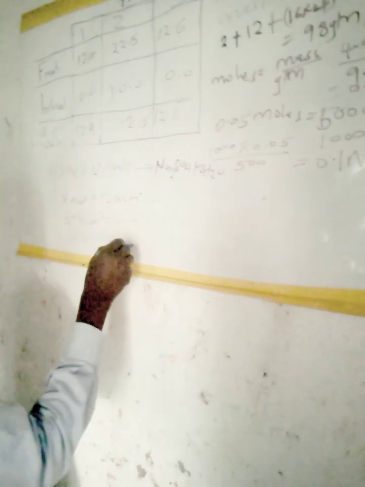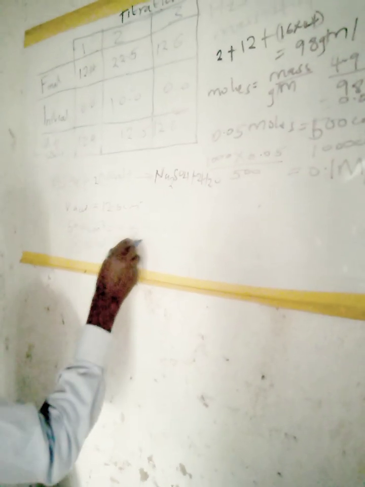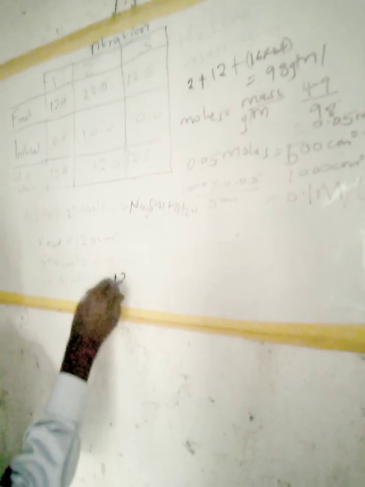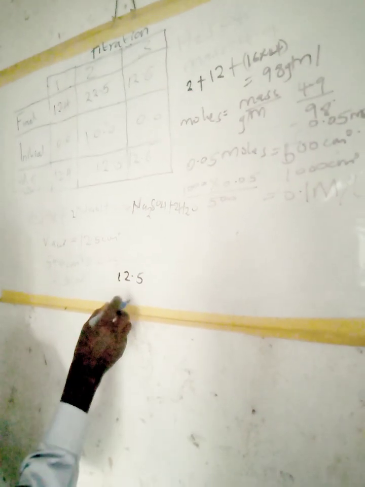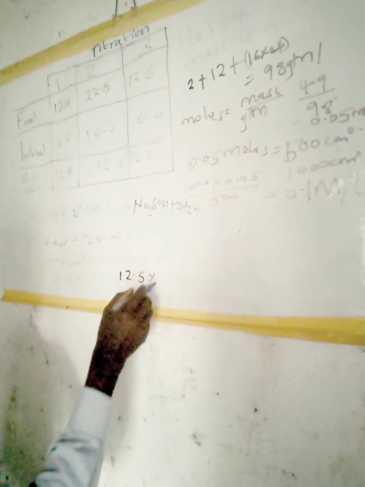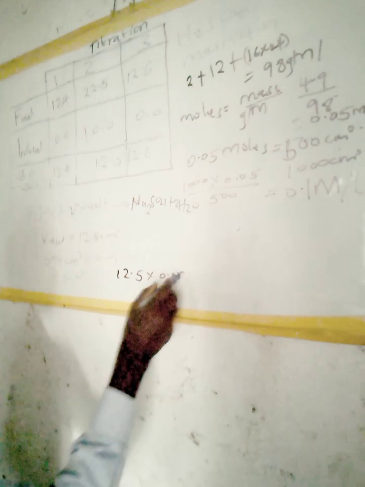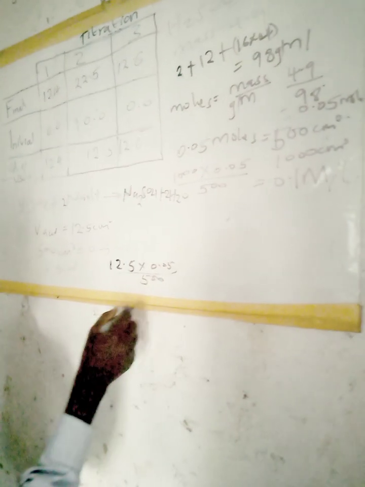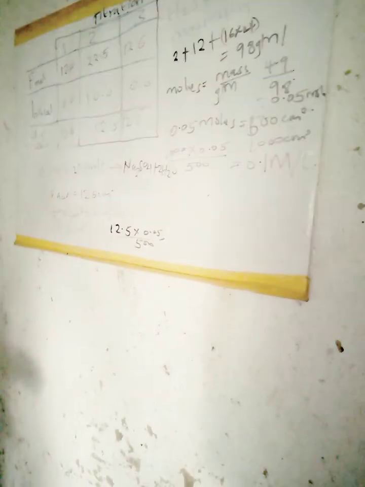So here it will be 12.5 times 0.05, then you divide this by 500. So here we will get our moles. Let me look for the calculator.